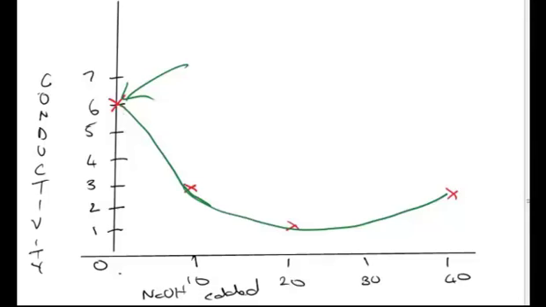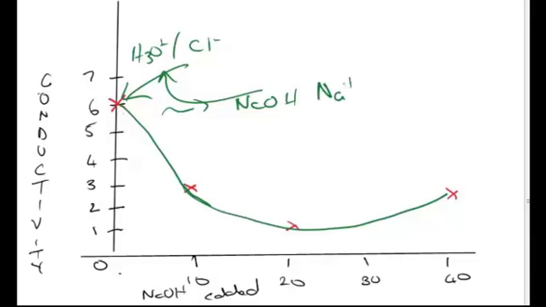We get a high amount of H3O plus and Cl minus ions, and as it proceeds, the NaOH reacts with the H3O plus and therefore it reduces. But it's also being replaced with a sodium ion at the same time, but that's affected by dilution, and it's not as good a conductor anyway.